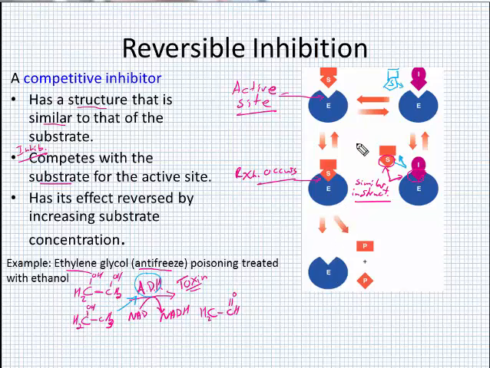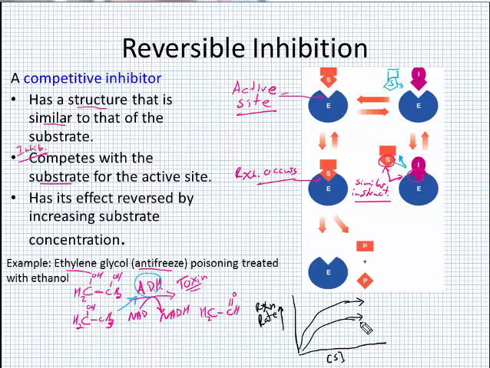Now, one thing that I'm going to talk about later is enzyme substrate curves. What we're looking at here is the reaction rate increasing as a function of substrate concentration, and we get these different curves, something like that.